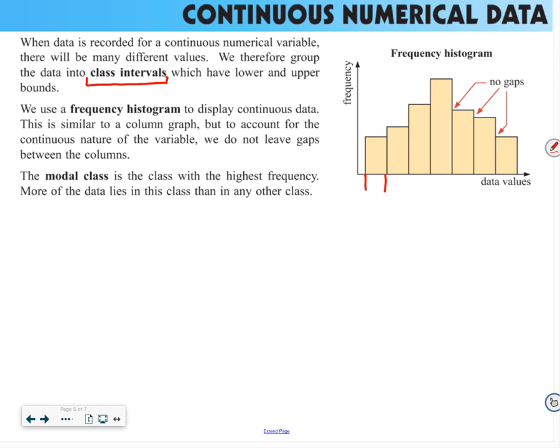Because of their continuous nature, we make sure that we leave no gaps between the columns. These are called frequency histograms, and they're unique to continuous data.